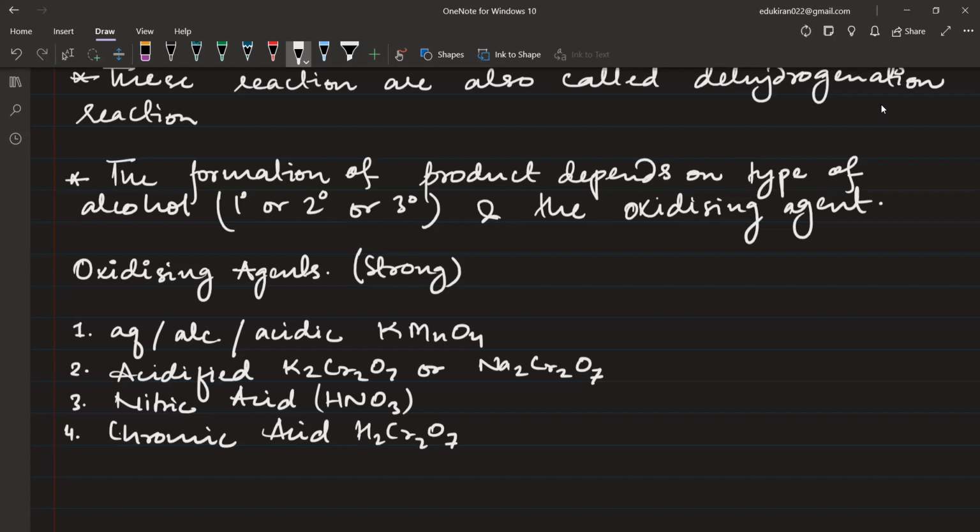Then we are going to look at these different oxidizing agents in the next class, and what the products given by 1 degree alcohol, 2 degree alcohol, and 3 degree alcohol are. Okay, write this down, let me know once you're done, and then we'll end the class.